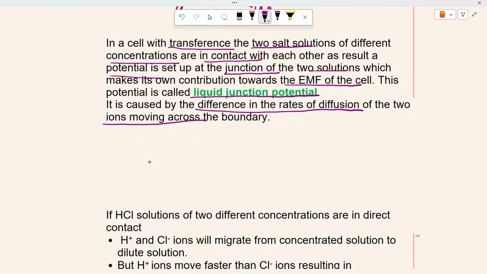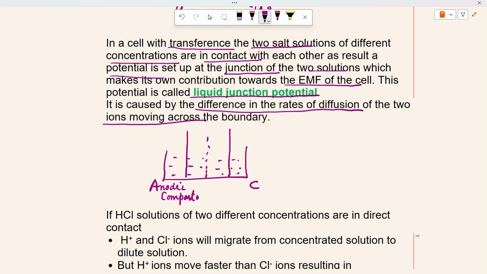Suppose you are having an anodic solution, let this be a concentration cell, let these two be the electrodes dipped in it and these are the electrolytes, whatever be the electrolyte, let this be the anodic compartment and this the cathodic compartment. Okay.